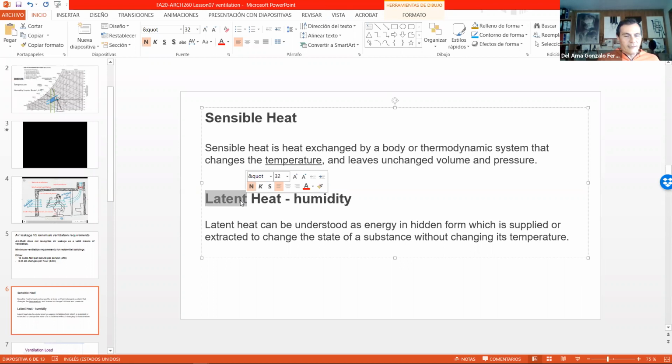We are literally releasing moisture or water to the air. But if we have few people, latent heat is not important, sensible heat is important. If we have a lot of people in a room, then latent heat becomes more and more important. So that's the difference between sensible heat and latent heat.